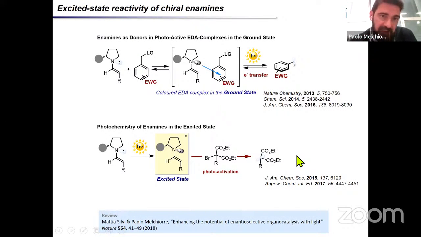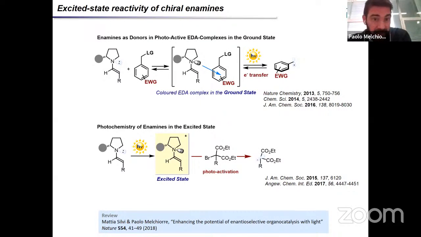So we have found that enamines also have rich photochemistry. And enamines have two different photochemical mechanisms available to generate radicals. Those mechanisms can then be useful for triggering enantioselective photochemical radical processes that would be impossible when using enamine chemistry in the dark.